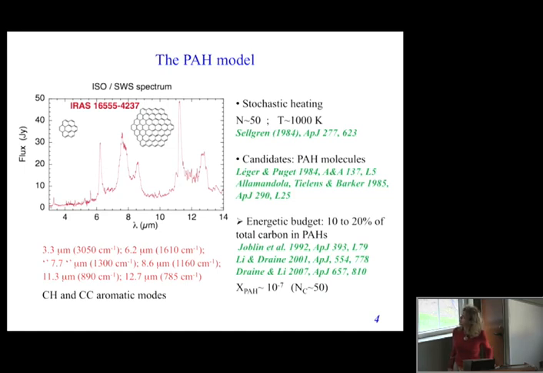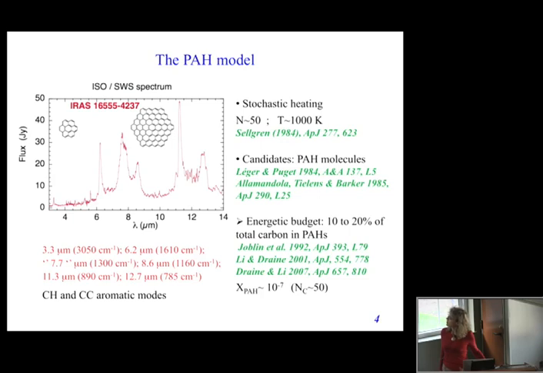Upon the absorption of a single UV photon, you get emission in all these bands, and this requires a small system, typically around 50 atoms, that would bring your species to 1000 Kelvin. Then, because they are isolated, they could emit in the infrared, including in the CH stretch, the 3.3 micron band.